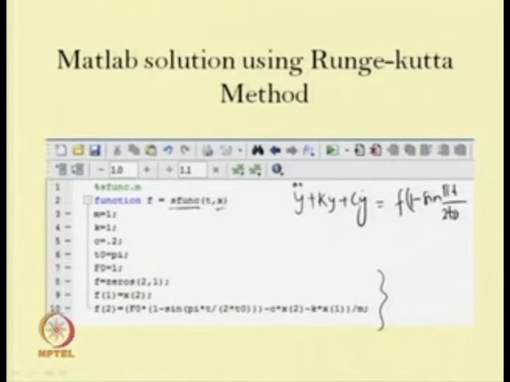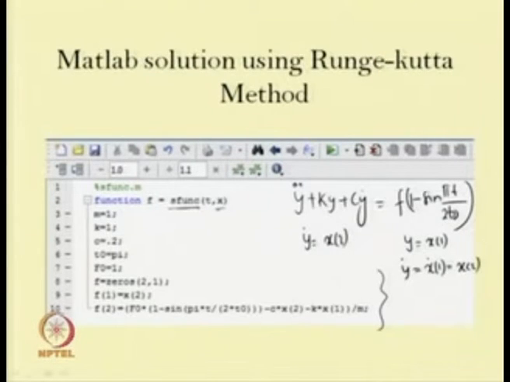So, it is taken as omega times 1 minus sin omega t. First one can write y equal to x 1, y dot equal to x 2, and x 1 dot equal to our x 2.